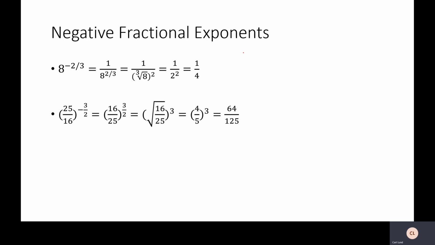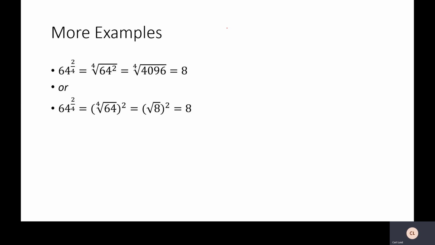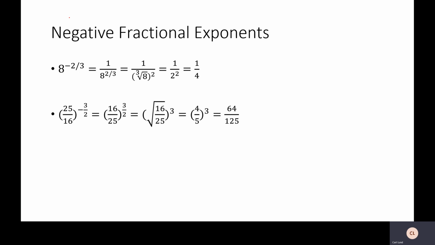Remember that negative exponents mean that if it's an integer with a negative fractional exponent, we are going to switch the position of the integer. If it is an integer by itself, like here, we're going to move it to the denominator. We're going to put it under 1. And we're then going to change the exponent to be positive.